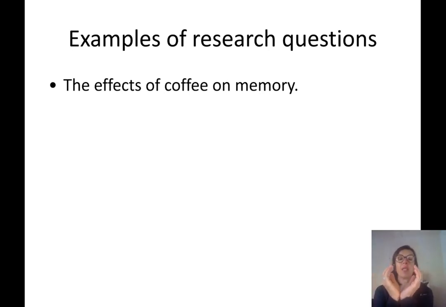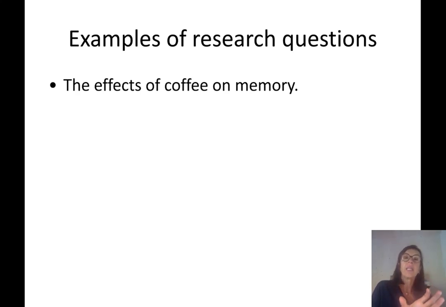So coffee is my independent variable on memory. Memory is what I will test and measure. So memory will be my dependent variable. It's very important that you become very fluent in distinguishing between those two. The abbreviations are IV and DV for the class purposes here. So make sure you know the difference. So the effects of coffee on memory.